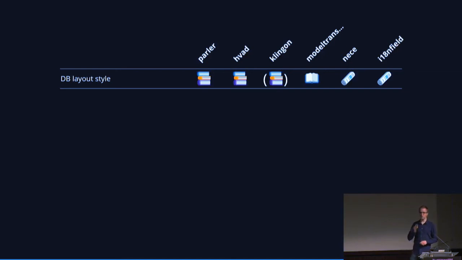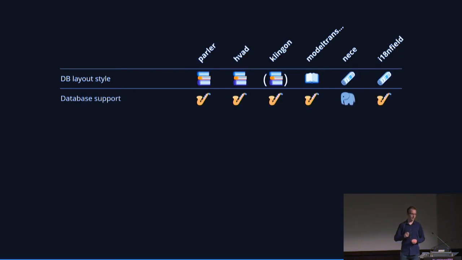Modeltranslation uses different columns on the same model to store the translation data, and Nietzsche and I18N field store all data within one single column. As I said before, Nietzsche uses PostgreSQL's JSONB field, which also means that for all of them, they have the same database support as Django has, except Nietzsche, which only naturally supports PostgreSQL databases.